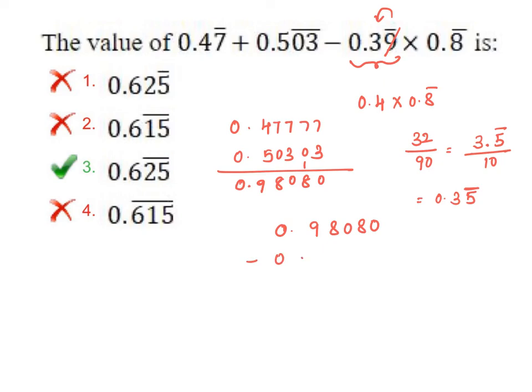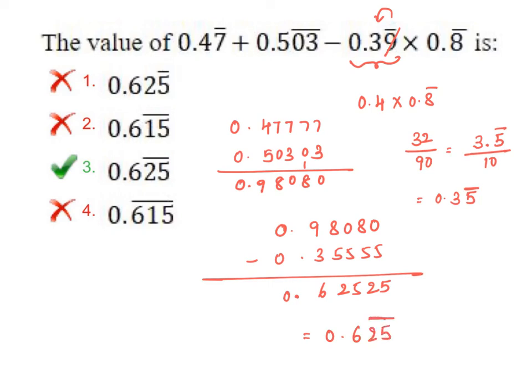Subtract 0.35555. So it's going to be 5, 2, 5, 2. This is 6. 0.6 bar on 25 bar. So the answer is 0.625 bar on 25.